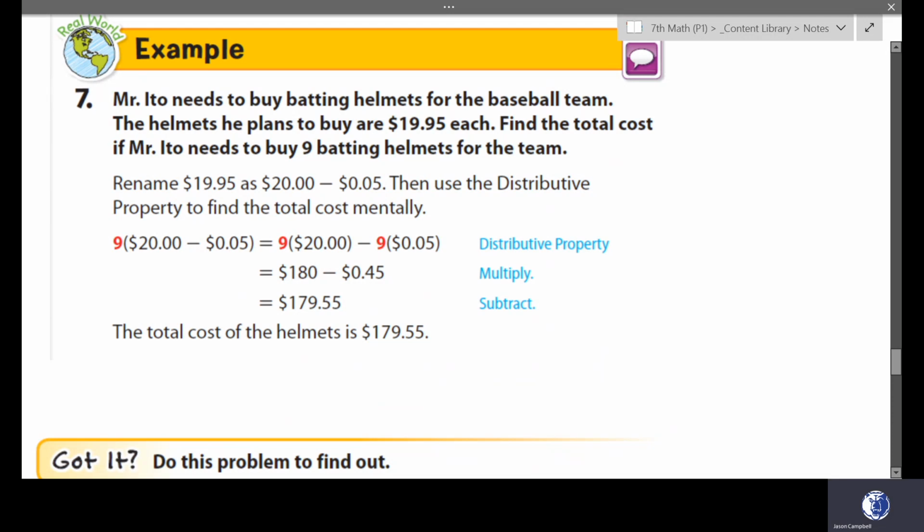It says rename $19.95 as $20, subtract 5 cents, then use the distributive property to find the total cost mentally. 9 multiplied by $20 is $180, and 9 multiplied by 5 cents is 45 cents. $180 subtract 45 cents is $179.55. The total cost of the helmets is $179.55.